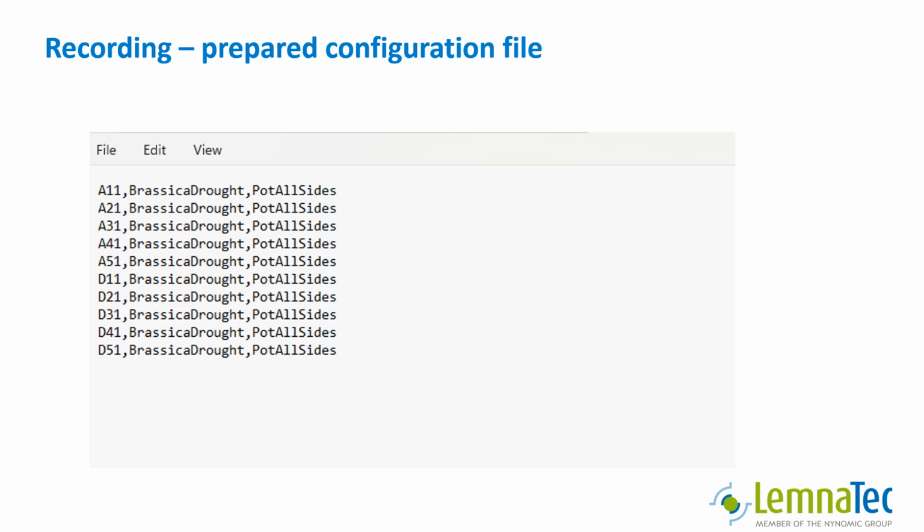To prepare such a file, list your samples and give a name to the experiment. Put an existing recording configuration into the third column. Then save the file as CSV, and after this you can call this CSV file from the LemnaControl software.